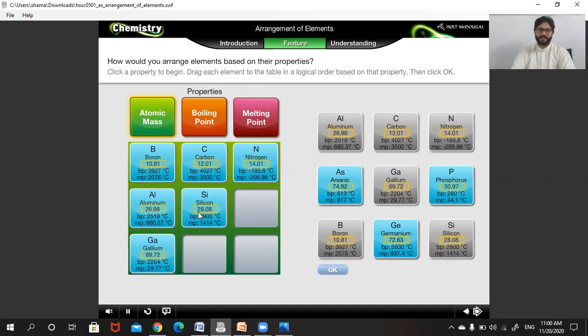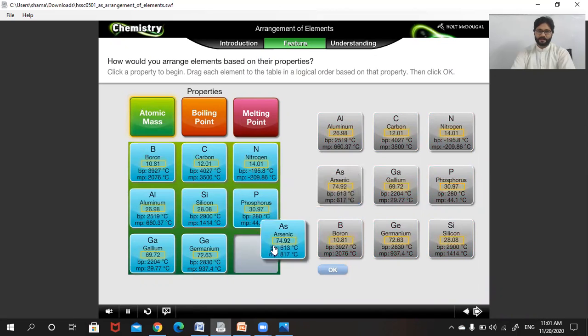Silicon is already placed here, that is 28.08. And after this, I will place phosphorus, that is 30.97. And then after gallium, I will put here germanium, that is 72.63. And this one is more, that is 74.92, arsenic. So I placed all these elements according to their increasing atomic mass.